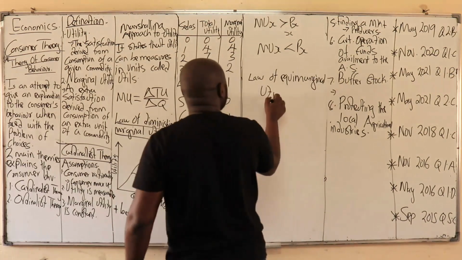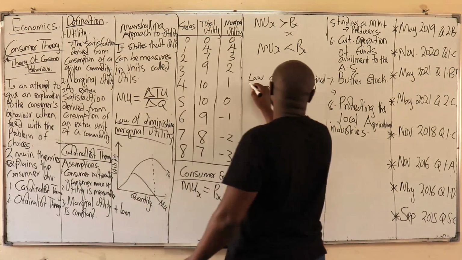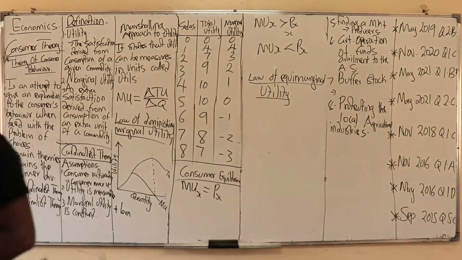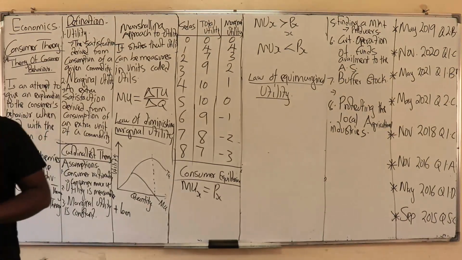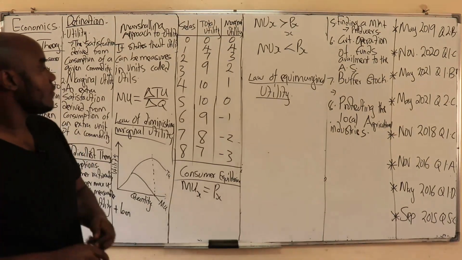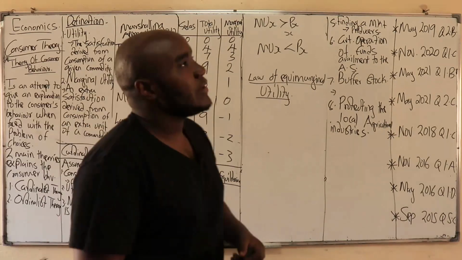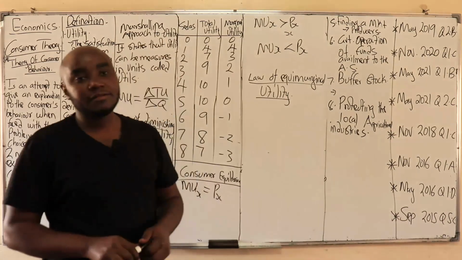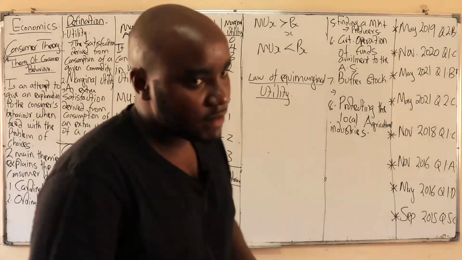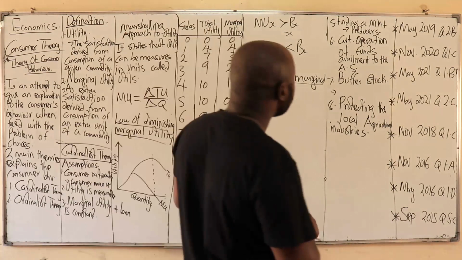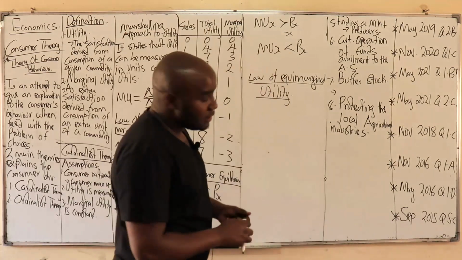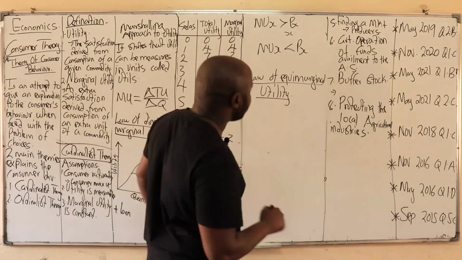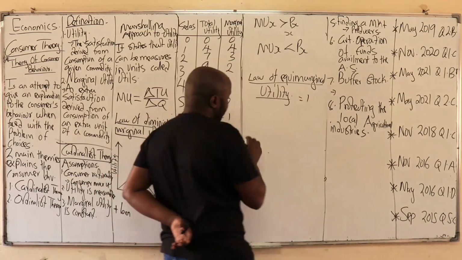When you're talking about the rule of equimarginal utility, it's more or less the same as the sum total of all your satisfaction, which should always sum total to 1, meaning that the rule of marginal utility always equals 1.